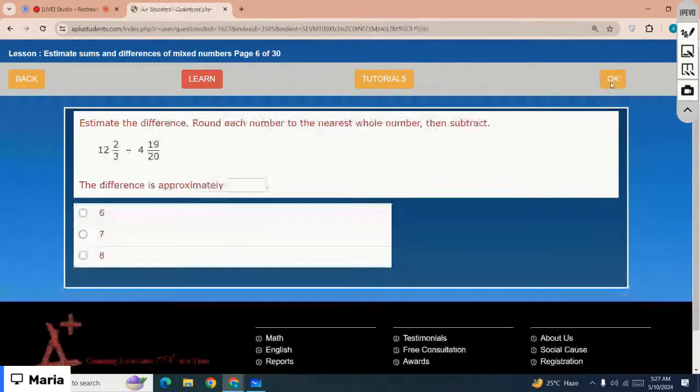12 whole 2 by 3 minus 4 whole 19 over 20. So which is the correct option?